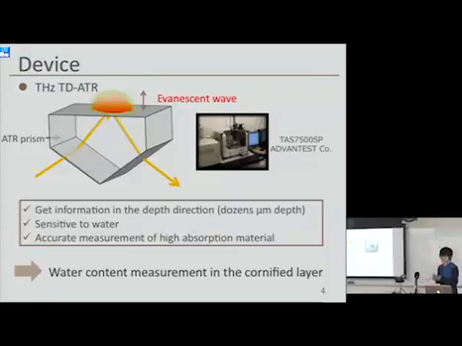Thanks to this evanescent wave, we can get information in the depth direction, about dozens of micrometers of depth, and the terahertz wave is sensitive to water. And by using the ATR system, we can measure high absorption material accurately. So by using this method, I want to measure the water content in the colonified layer.